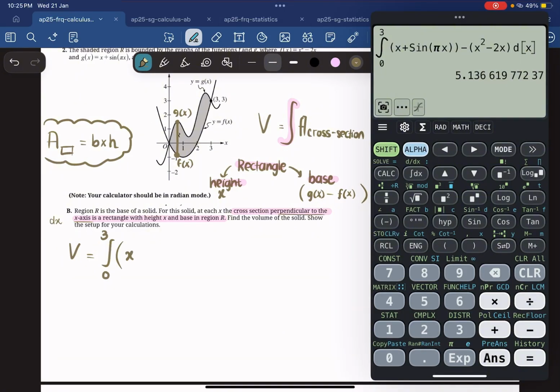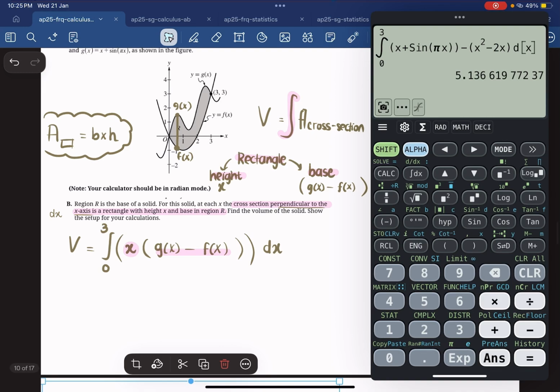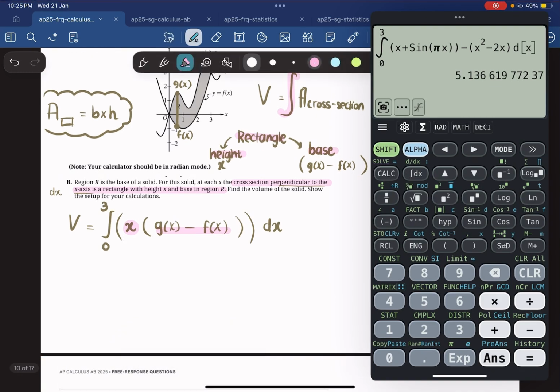So we're just going to do x times g of x minus f of x, dx. We multiplied the height and the base. Base times height, that's the area of the rectangle.